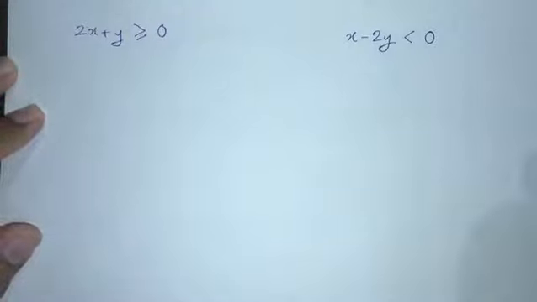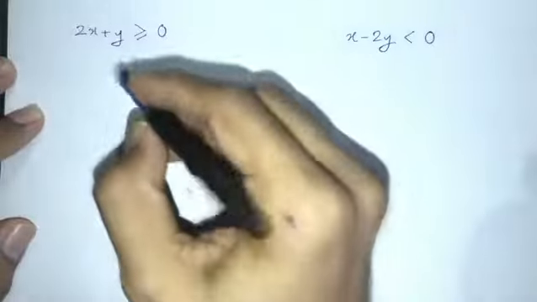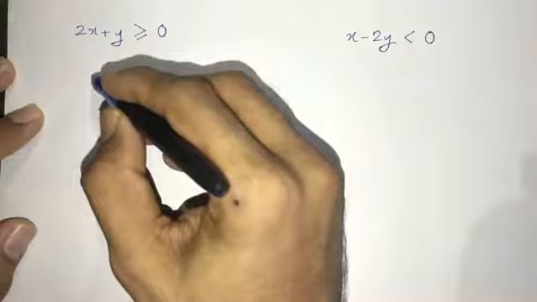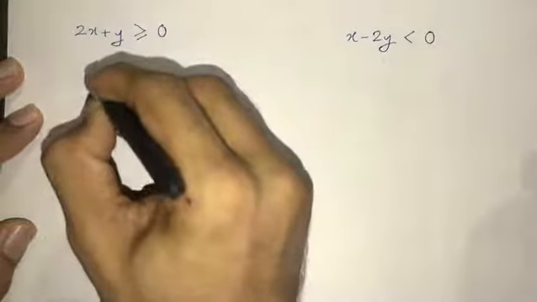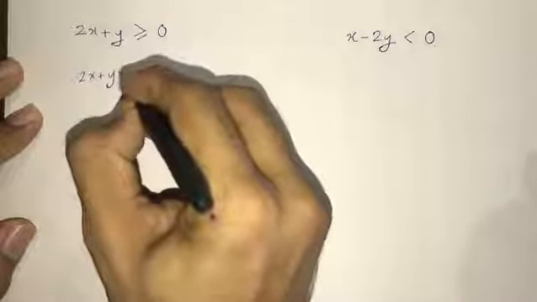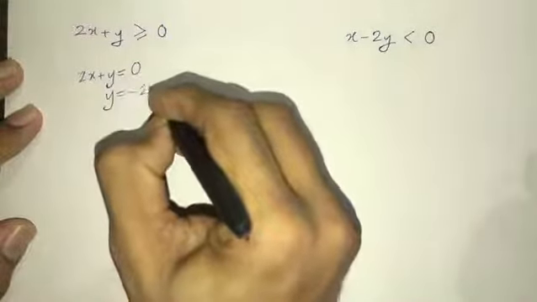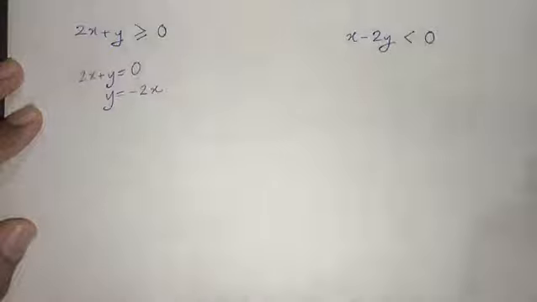So let us take an example, 2x plus y greater than or equal to 0. In this, the equation will be 2x plus y equal to 0, y is minus 2x.